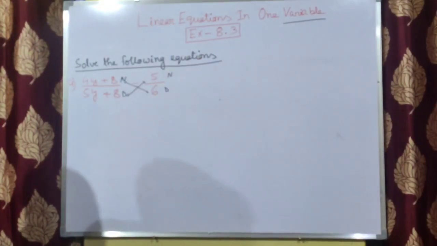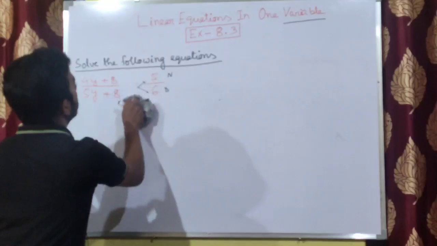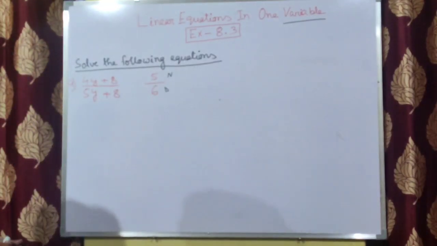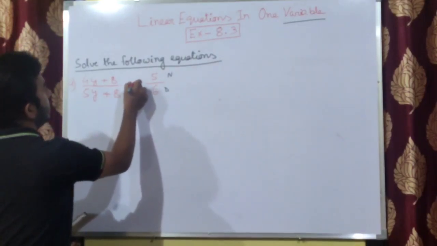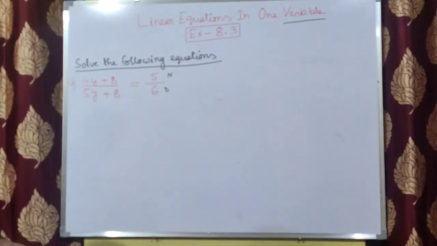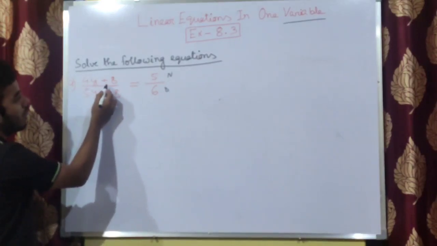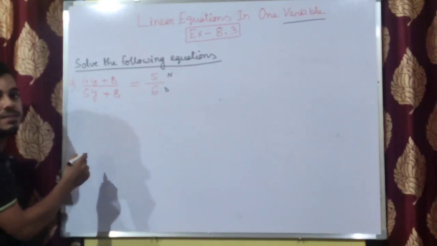So let us start. We will multiply 6 with 4y plus 8, and we will multiply 5 with 5y plus 8.